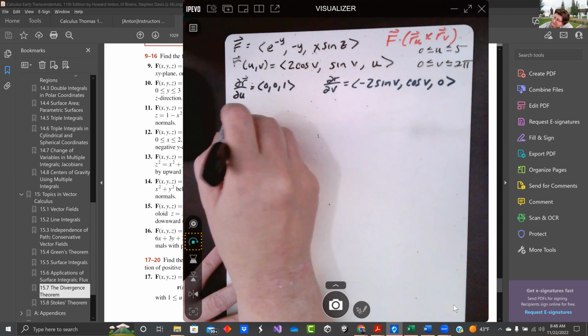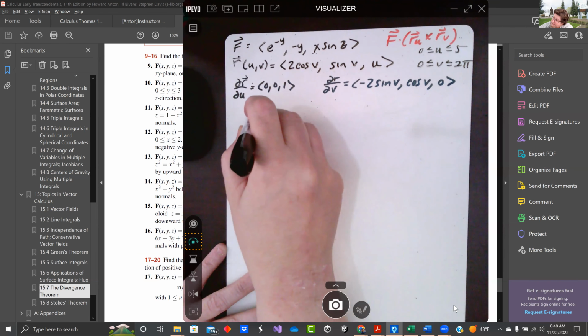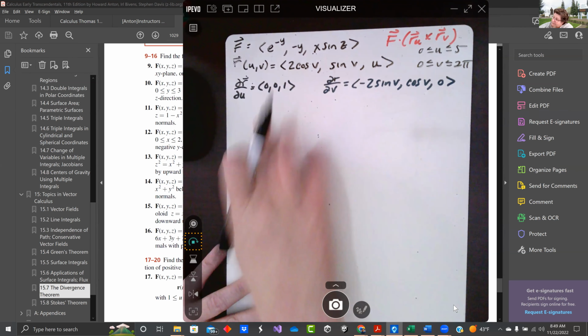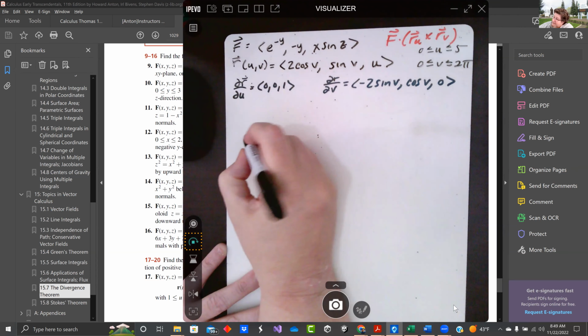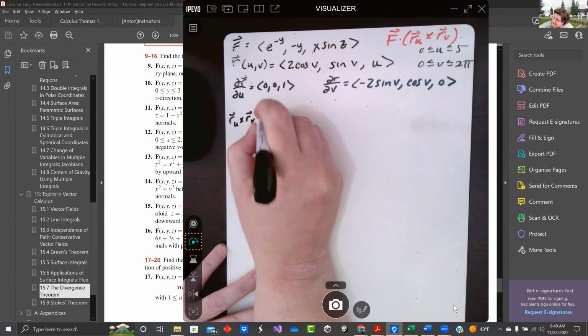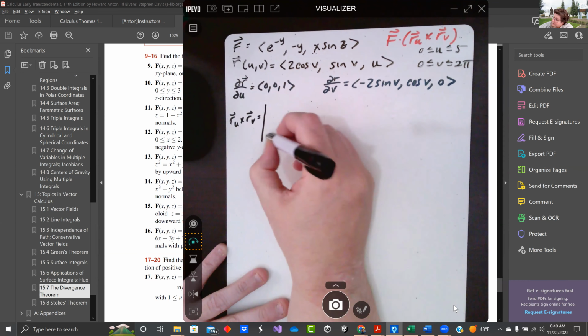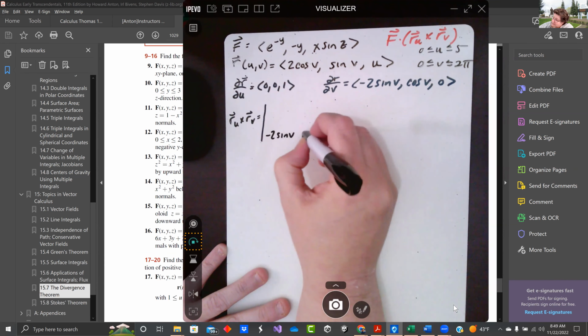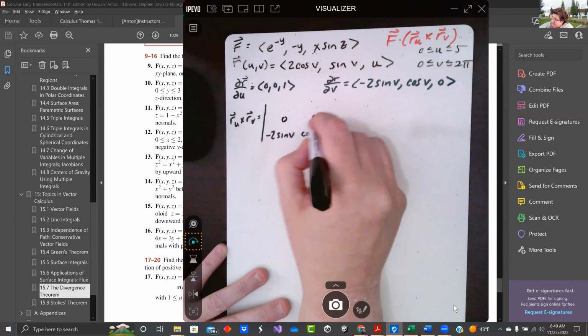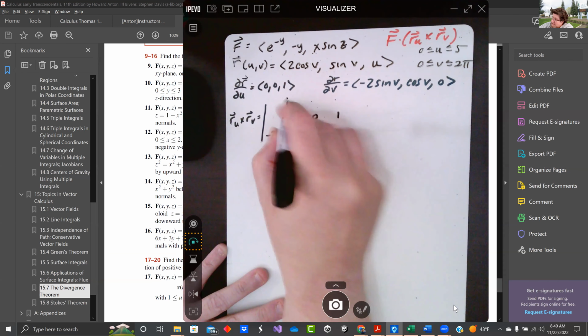So we want those two crossed. I don't need to write so big. We got -2 sine V. So RU cross RB. I think it works both ways. You do it one way and do the other way. That's the wrong way.